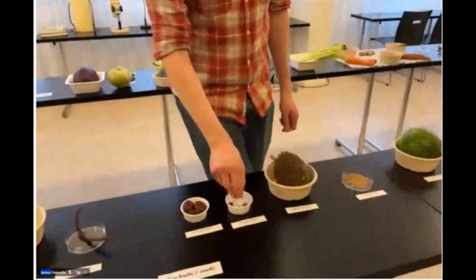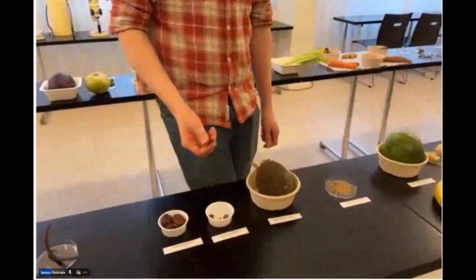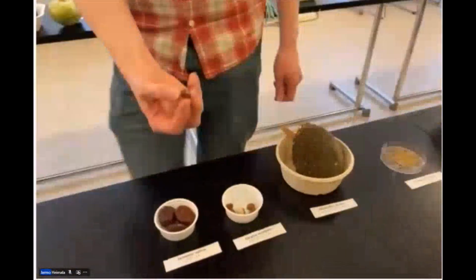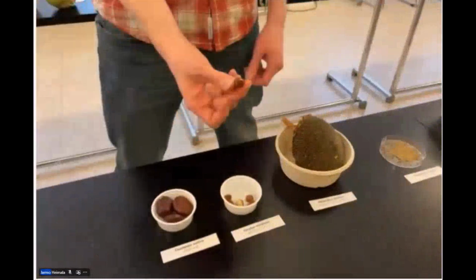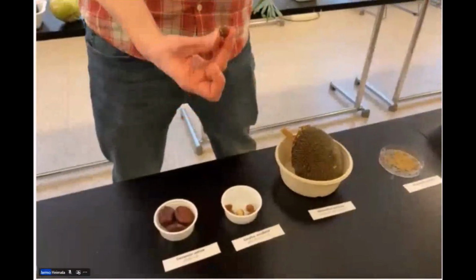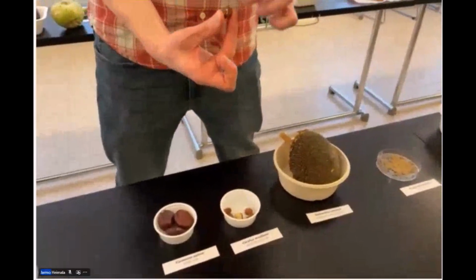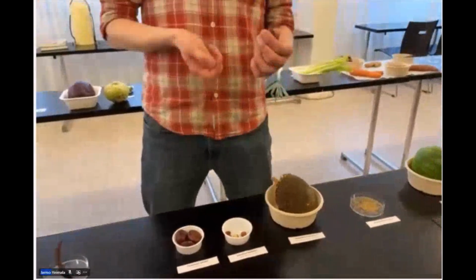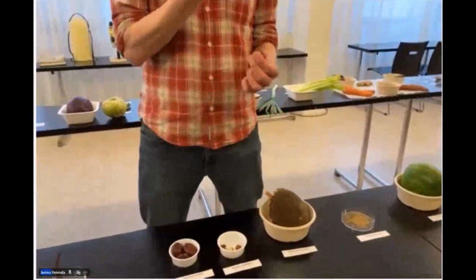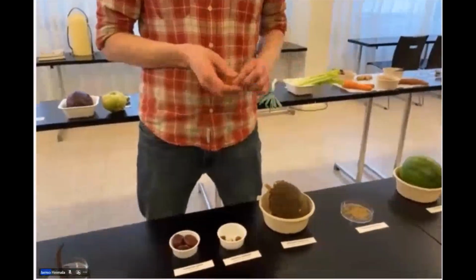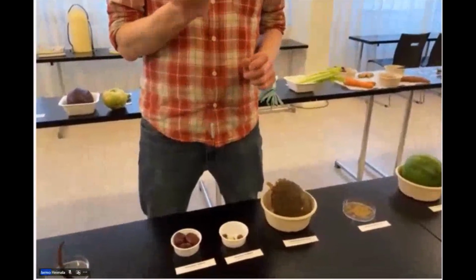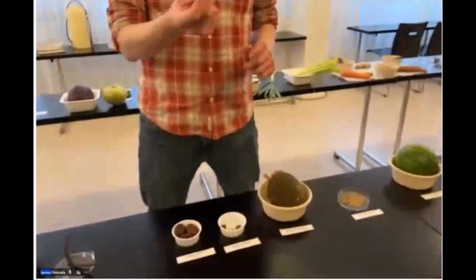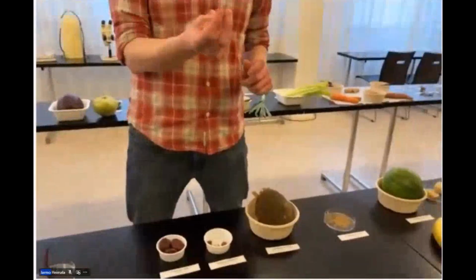And these are hazelnuts, but this is only the seed. The shell around it is the real nut, or the shell with the seed is the nut or the fruit. Again, an unopening, indehiscent, dry fruit with a single seed in it.